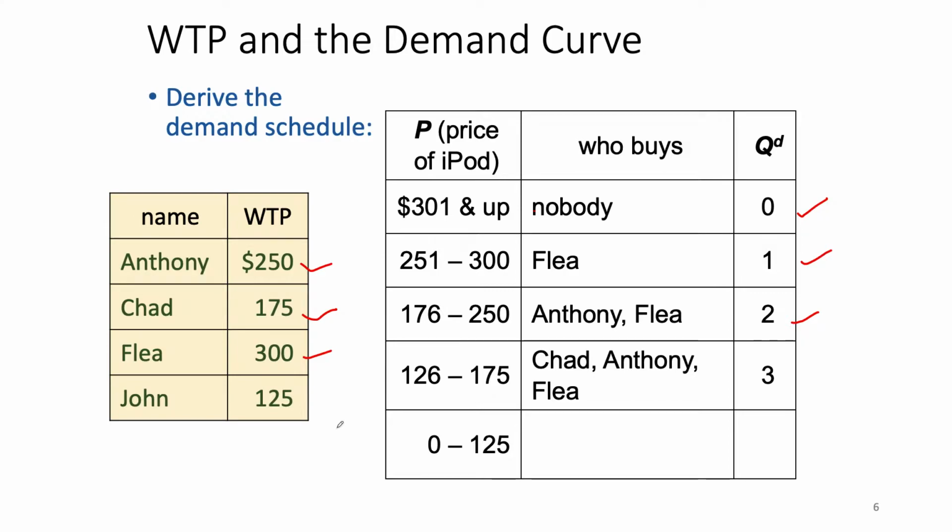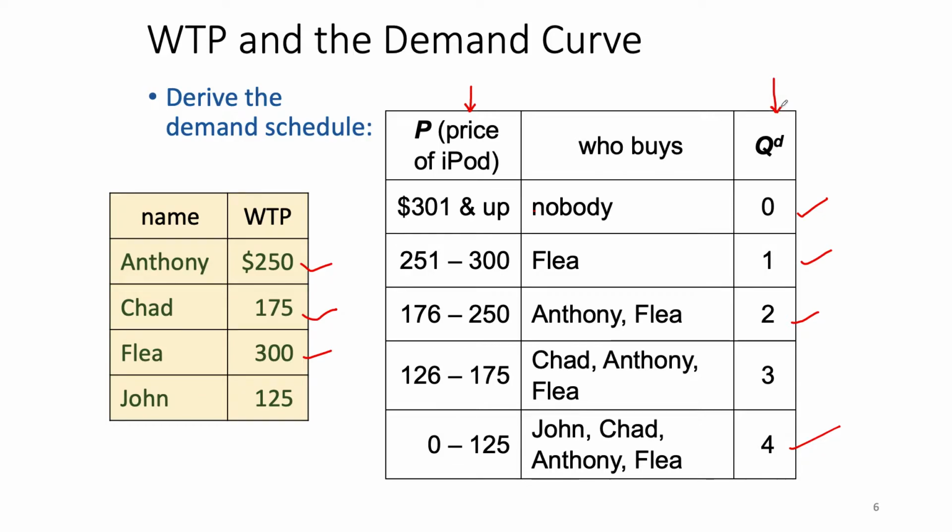And finally, if the price is between 0 and $125, all four consumers jump in because the price is set at a level which is lower than their willingness to pay, and we have 4 units of iPods demanded in this market. So, in essence, what the demand curve is trying to do is establish a relationship between the price of a good and the quantity demanded of this good.